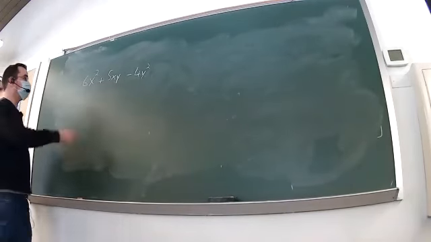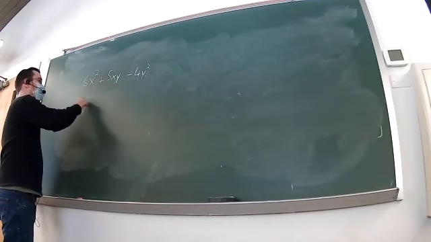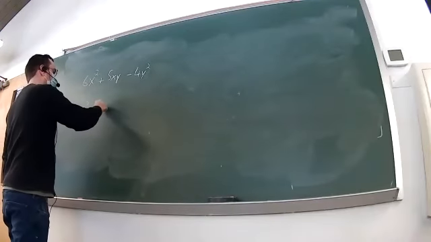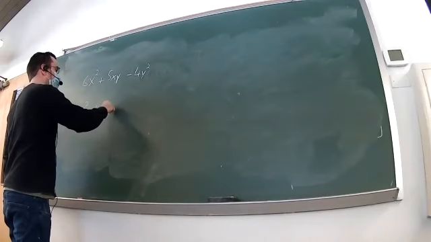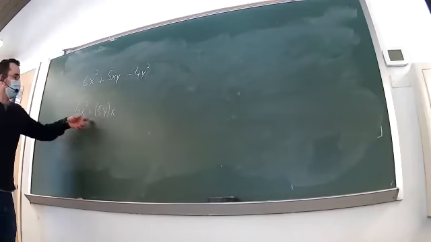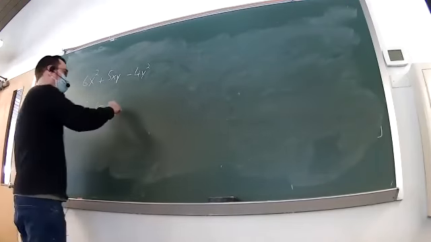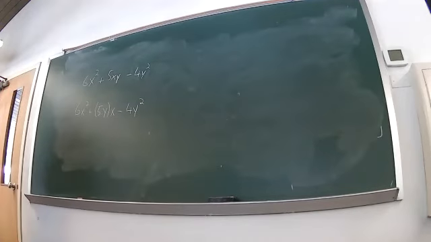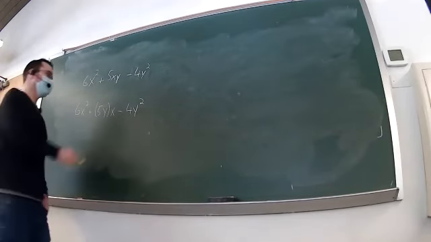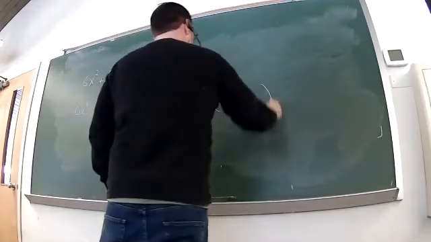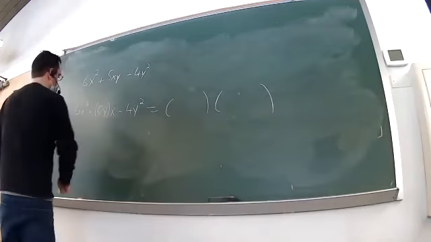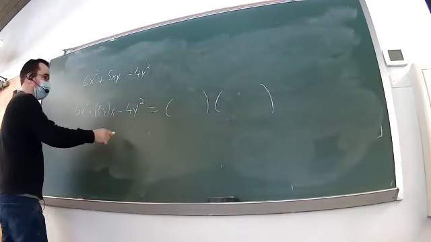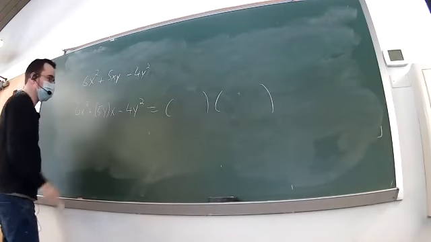The way you can conceive of this is you have to say to yourself, well, let's just treat that variable y like a number. So this is really 6x squared plus number times x minus 4y squared. So if I want to factor this, I need two numbers that multiply to 6 and two numbers that multiply to minus 4y squared.